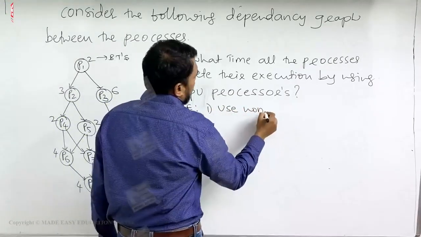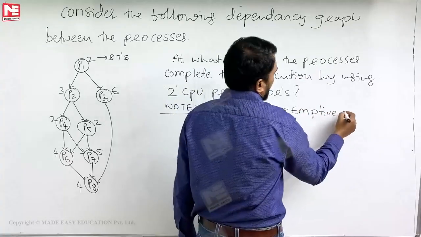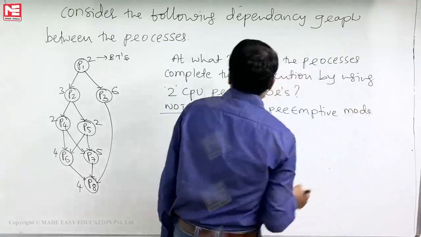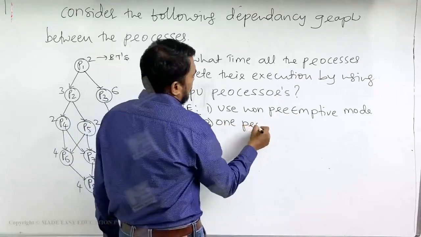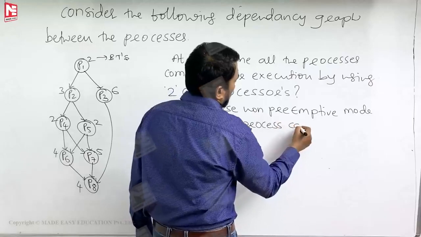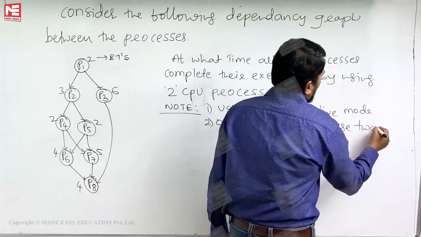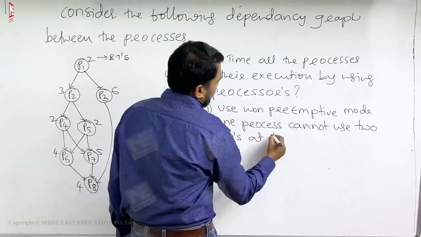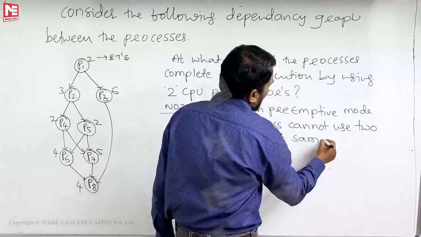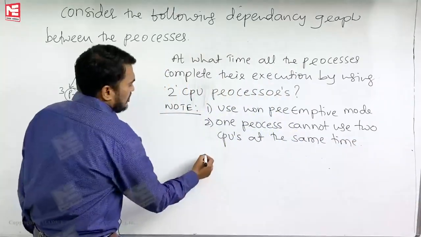Use non-preemptive mode. Next, one process cannot use two CPUs at the same time. One process cannot use two CPUs at the same time.